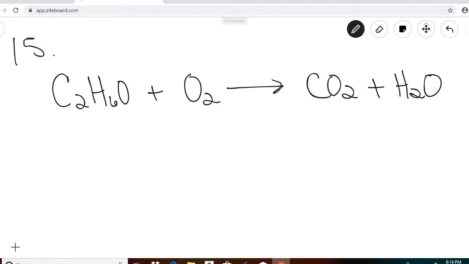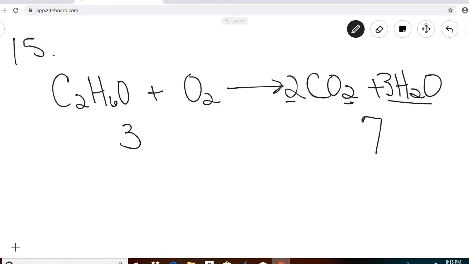So there's 2 carbons on the reactant side, so we'll put a 2 here to get 2 carbons over there. There's 6 hydrogens, so we'll put a 3 here to get 6 hydrogens over there. So then we look at the oxygens, and on this side we have 3 oxygens, and over here we have 2 times 2 is 4 plus 3, we have 7.